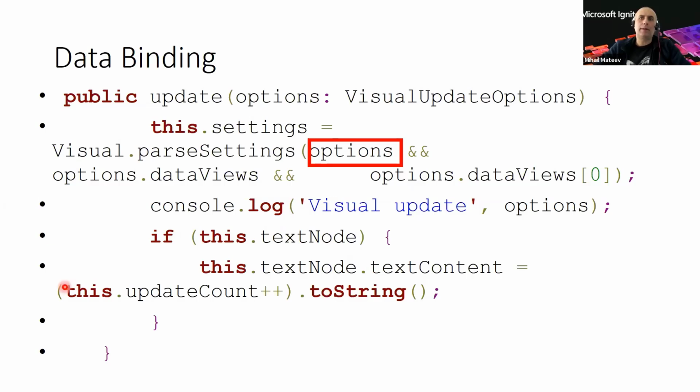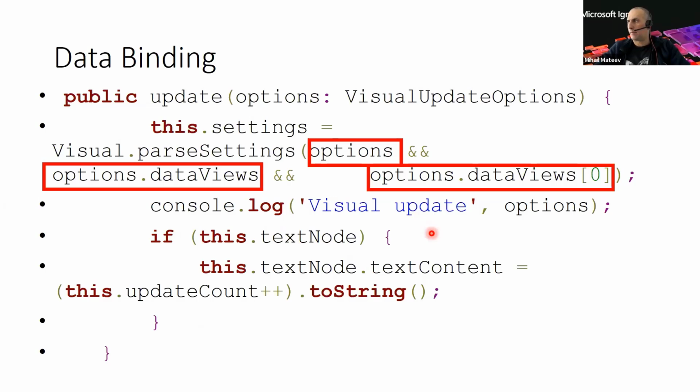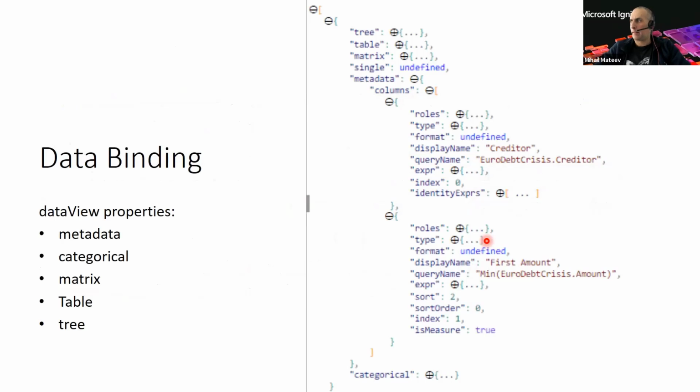But in the context of Power BI, you need to actually parse settings, and here you have options, data views, and the first data view, which is actually the default view which we have. And we have additional logic in the update method, which can be used for different purposes.